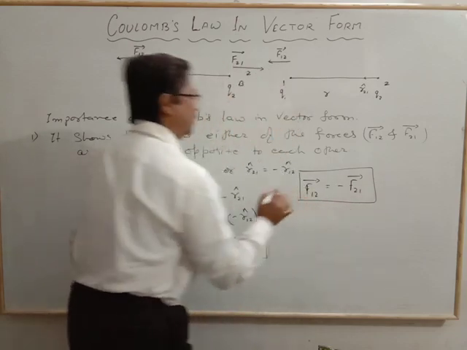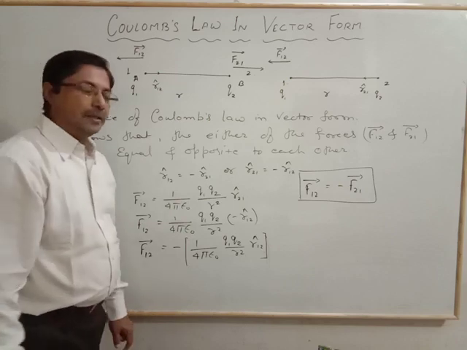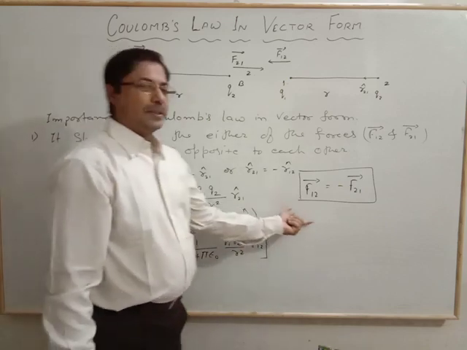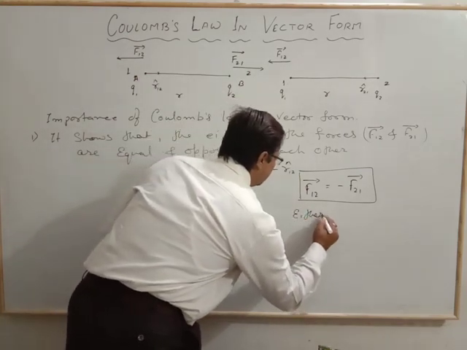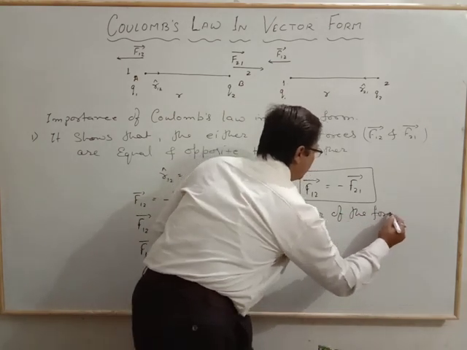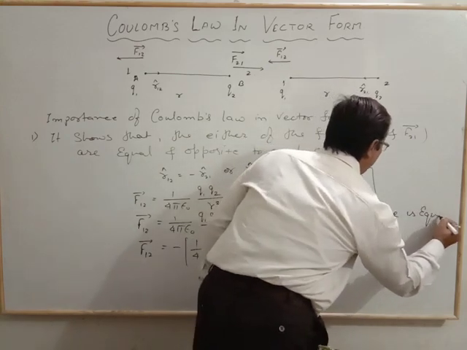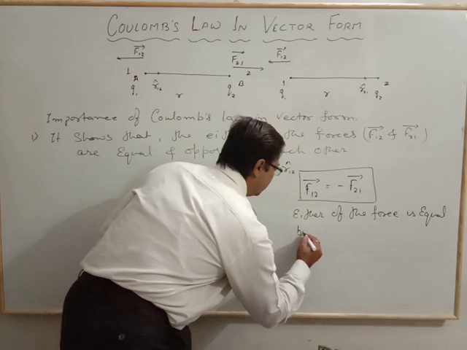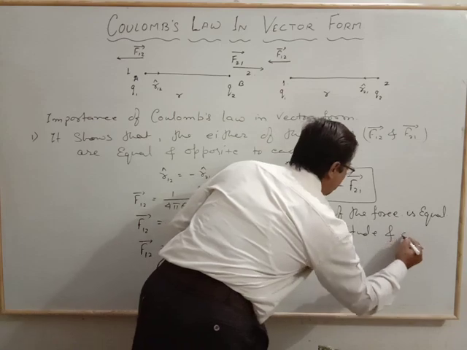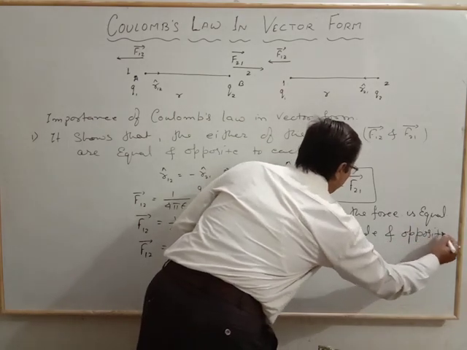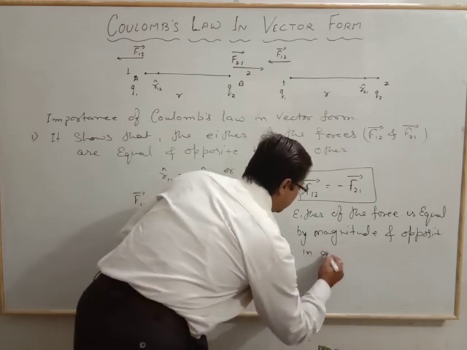This shows that either of the forces are equal by magnitude and opposite by direction, or we can say that it also obeys Newton's third law. That is, either of the Coulomb force or electrostatic force is equal by magnitude and opposite in direction.